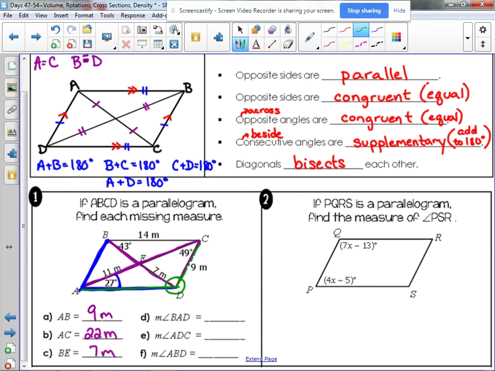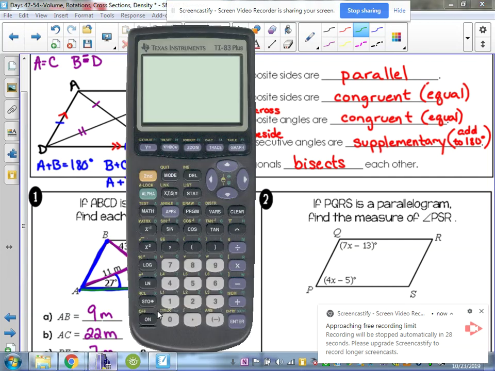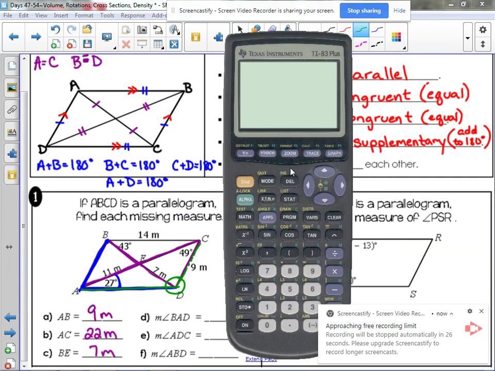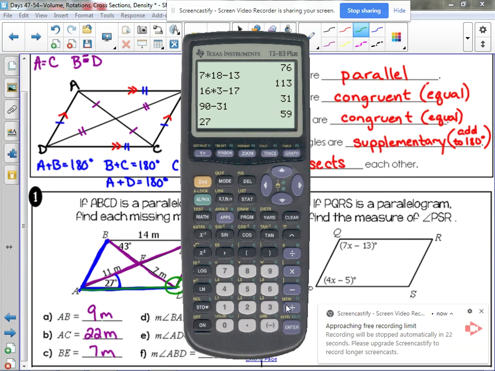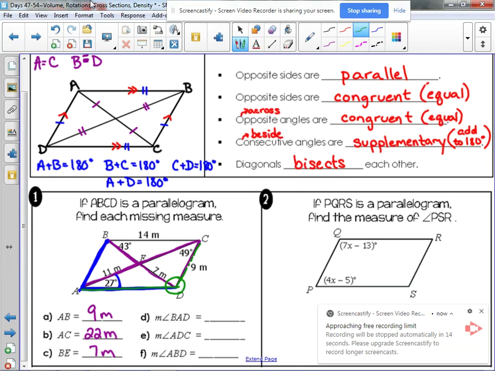So how do we find that third one? Add them together and subtract from 180, because we know that there are 180 degrees in a triangle. So 27 plus 49, 180 minus 76, 104. Angle ABC is 104 degrees.